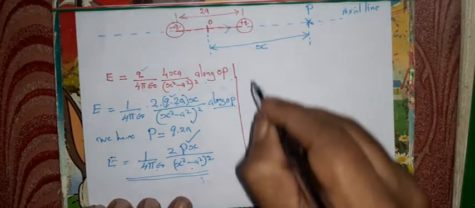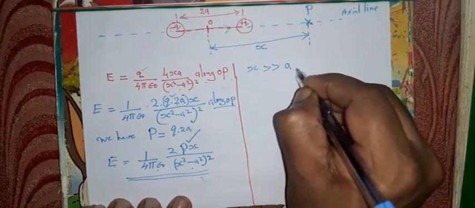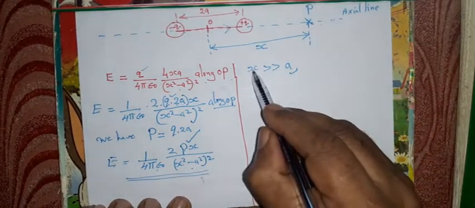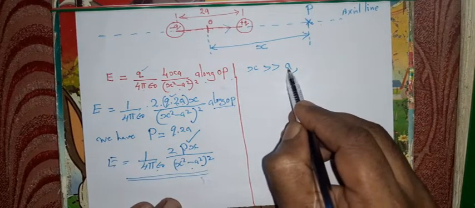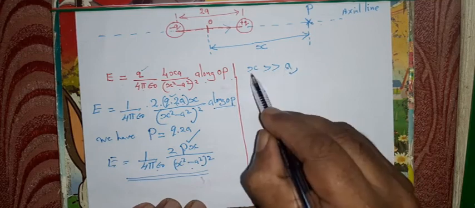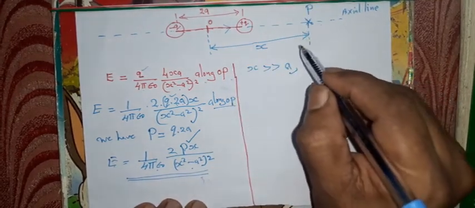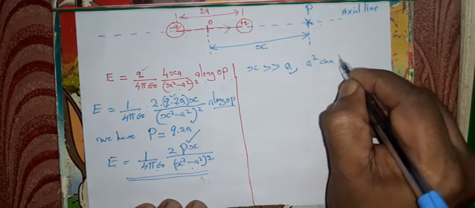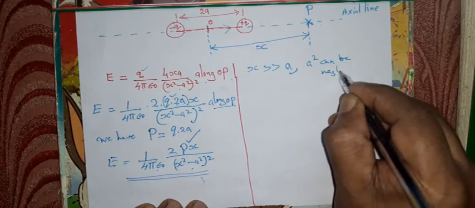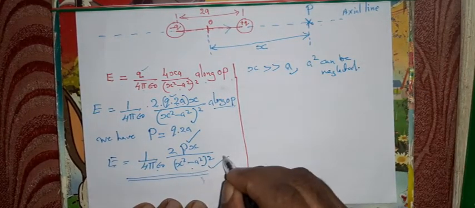Usually, the value of X is very, very much greater than A, because we can take the example of a sodium chloride or hydrogen chloride molecule. The bond distance is extremely small. Therefore, the distance from the point to the center is usually large. Therefore, A square can be neglected. You can take the value as 0. Therefore, how does the expression change?